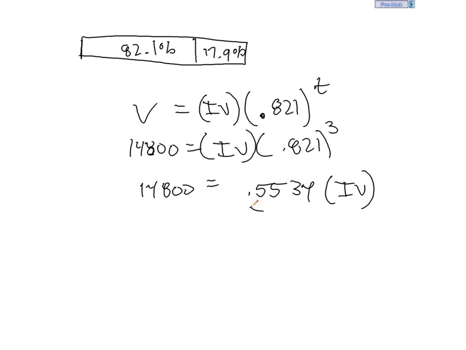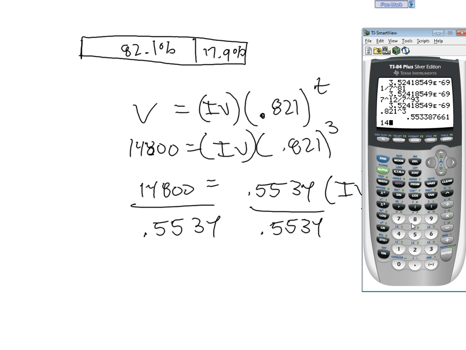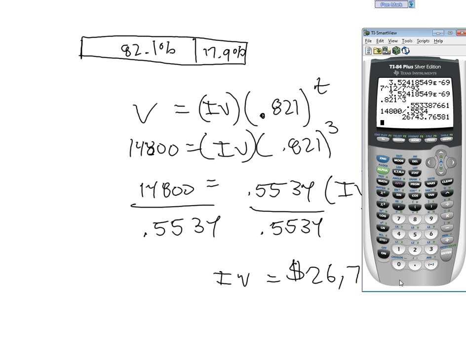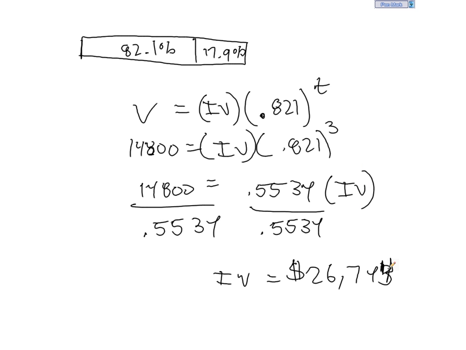Well, this is now a division problem, so I can solve for that initial value and find out that 14,800 divided by 0.5534 tells me that the car originally went for about $26,743.44.